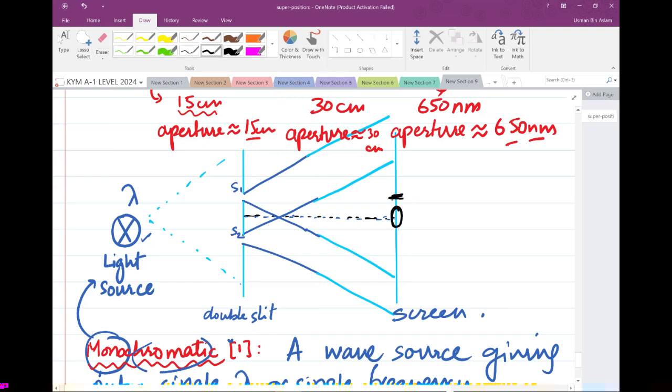On either side of it, you will observe dark spots, and then on either side of that, bright spots again. Then dark spots and then bright spots again. This pattern of bright and dark spots is called an interference pattern.